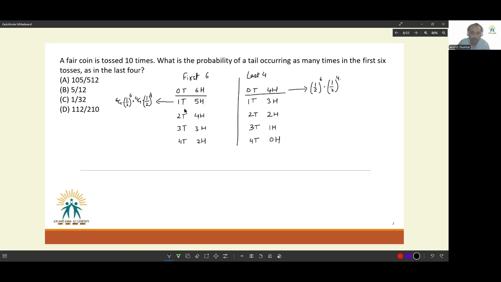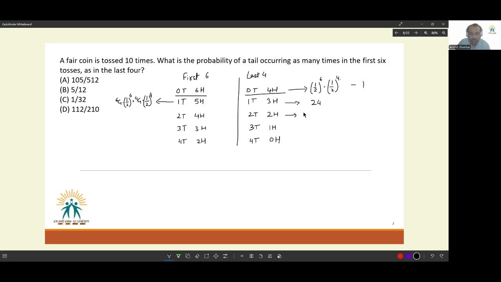Absolutely wonderful. Which should now tell you 1 by 2 raised to the power 6 and 1 by 2 raised to the power 4, overall of 1 by 2 raised to the power 10. That will be common all across. So all we care for is how many times these iterations would take place. 6C1 into 4C1. There is going to be one case of this. There is going to be 6C1 into 4C1, 24 cases of this.